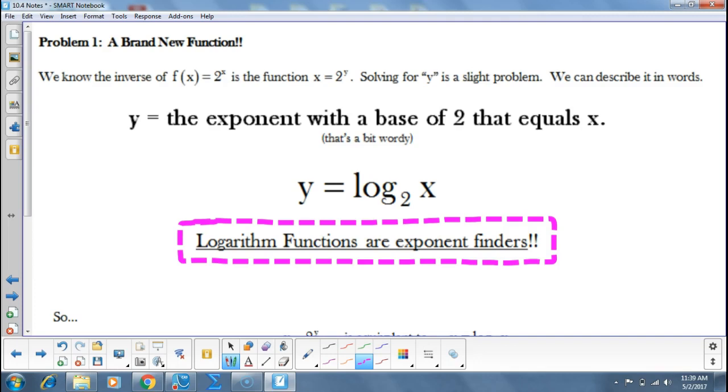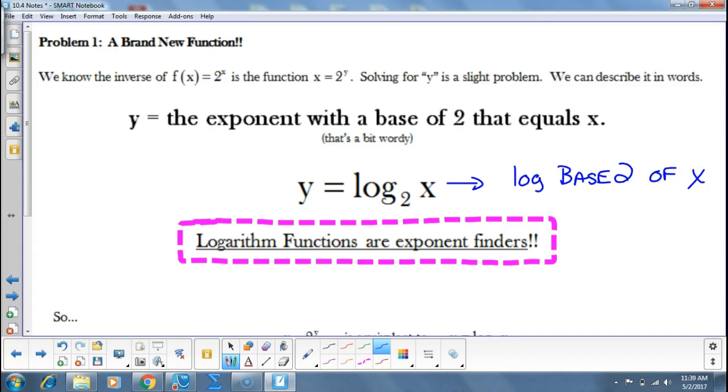Now, this right here, as an FYI, gets read in a specific way. It's not log 2x. It's log base 2 of x.